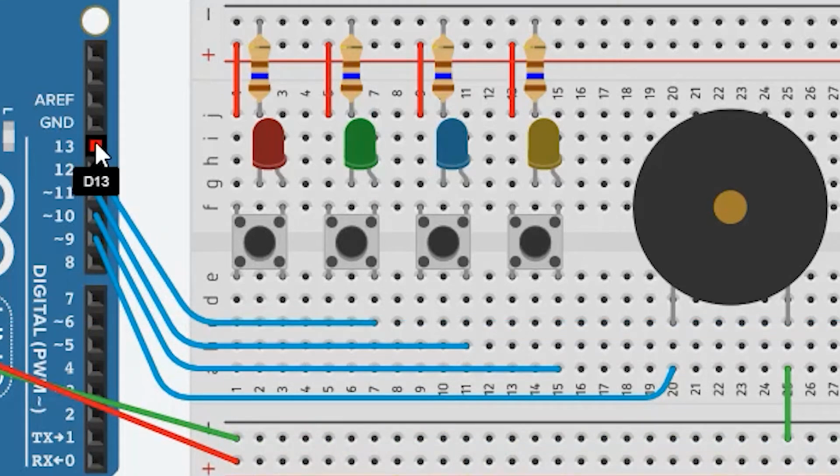And finally, pin 13 is going to connect to red. And with that, all the circuitry we need for our Simon game is done. That's all we need. So now all we have to do is supply the code.